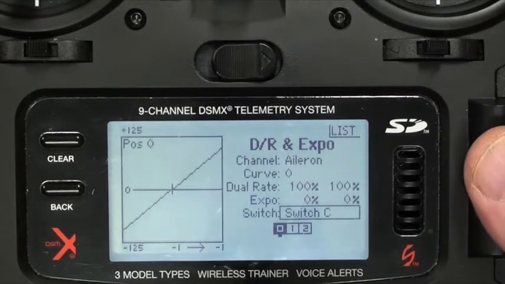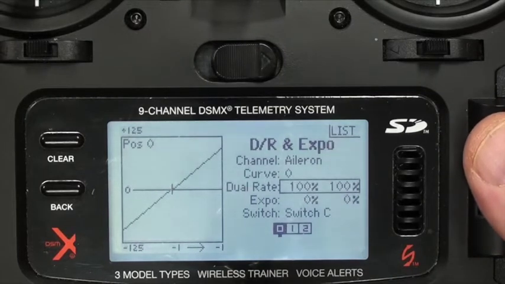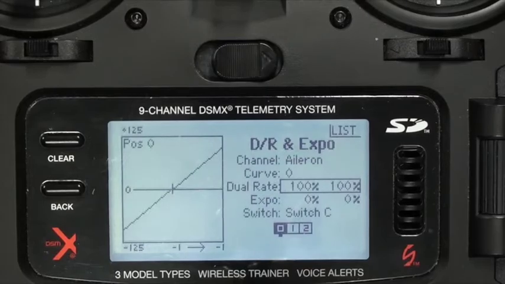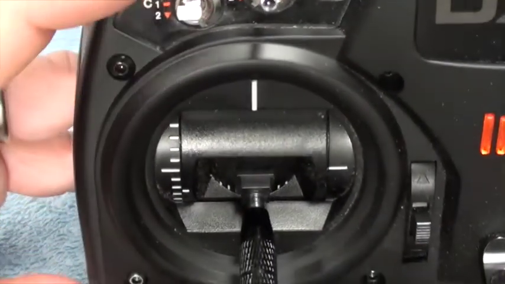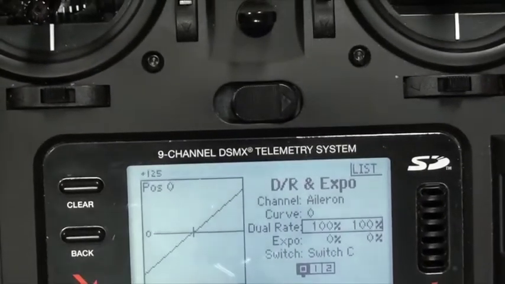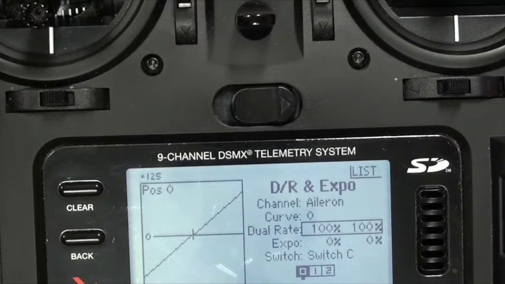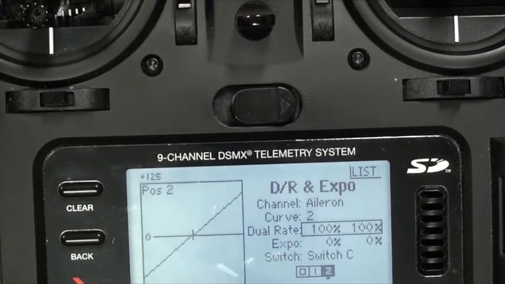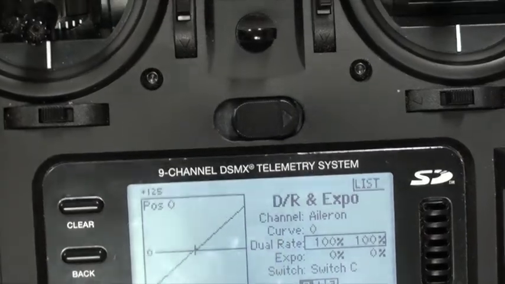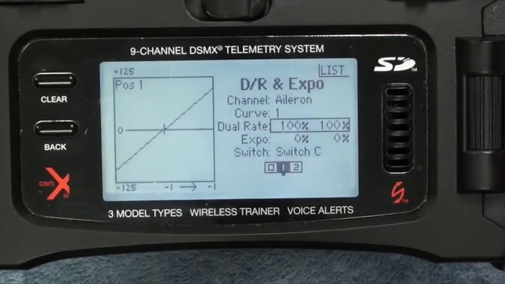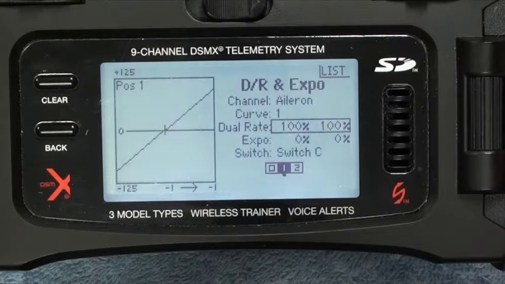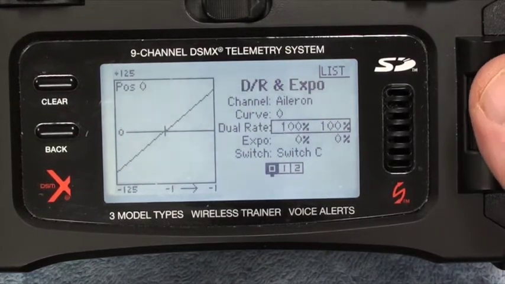So I'm going to leave it in position 0, and for that rate, let's see, so position 0, that switches all the way back, and normally I would have that as the lowest rate. So that's low, medium, and high rates. So position 0 will be the low, position 1 will be the medium, and position 2 will be the high rate. So low, medium, and high.